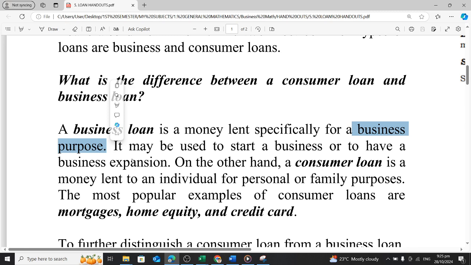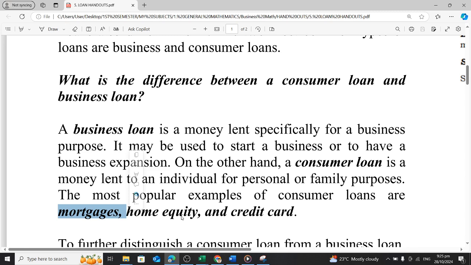On the other hand, a consumer loan is money lent to an individual for personal or family purposes. The most popular examples of consumer loans are mortgages, home equity, and credit card. Another example of a consumer loan, mangutang ka og kwarta for the education of your child. Pwede yapon, considered as consumer loan. Mangutang ka og kwarta kay gusto ka adto og laing country, gusto ka mag-abroad.